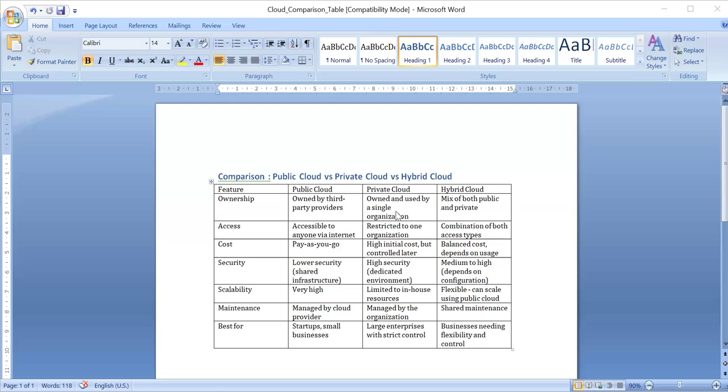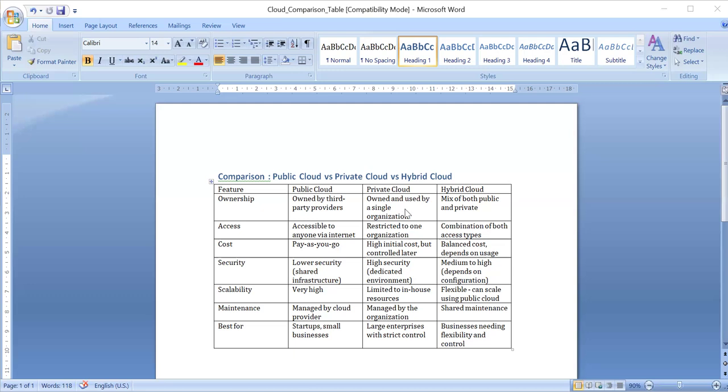Then private cloud. Your organization owns the server or infrastructure. So it is private and it is only used by your company. It is owned and used by a single organization. It is used by you only. It is private to you only. Your organization alone has the servers and infrastructure.